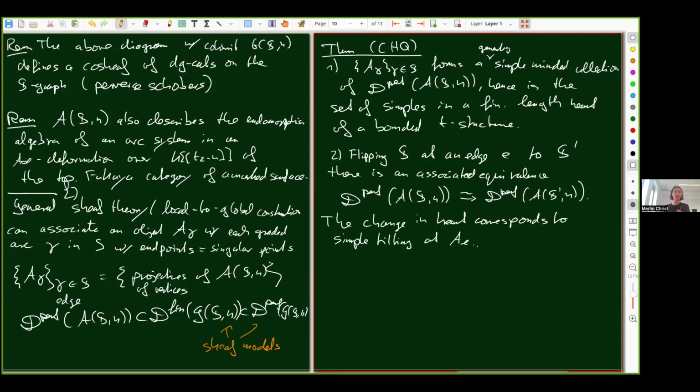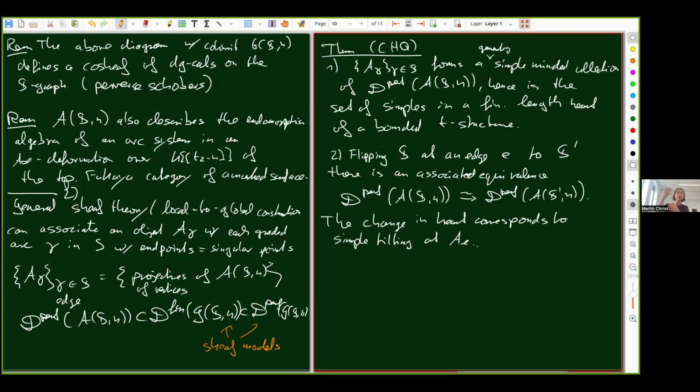So in this setting, you can tilt any simple-minded collection, get a new t-structure, which again has a simple-minded collection. And why did we introduce these complicated S graphs and mixed angulations and everything? This is so that you then exactly have a correspondence between these combinatorial geometric notions and the tilting theory.